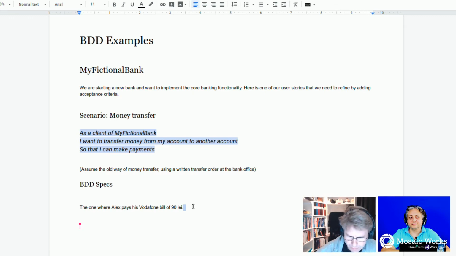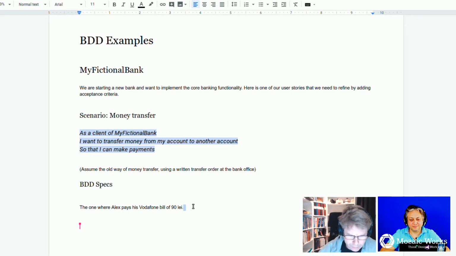So the next step here, okay, so you pay the phone bill. Do we have a negative example? What happens if, for some reason, you don't have 90 lei and you want to try to pay this? What should happen then? Well, I guess I will get an error message saying not enough funds.